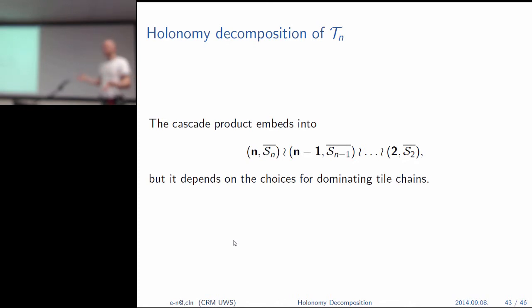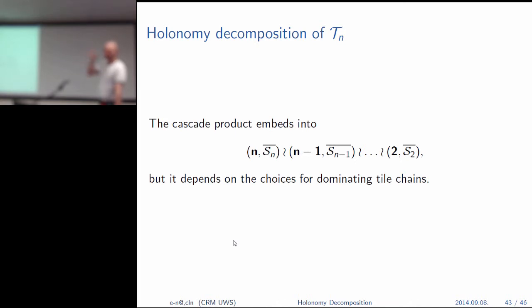But okay, let's look at the holonomy decomposition of the full transformation semigroup, when you have all transformations of degree n. That will embed into this holonomy decomposition, where you have a full state set and the symmetric group acting on it, so you have all permutations, plus you need the constant maps.